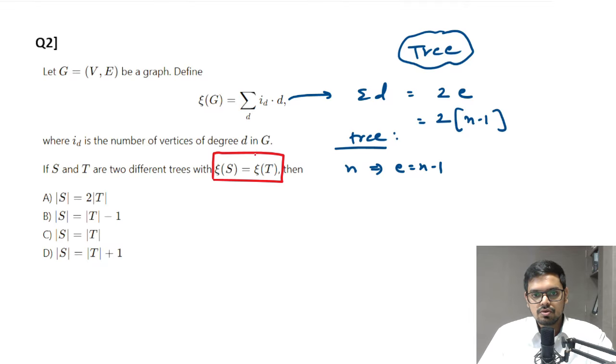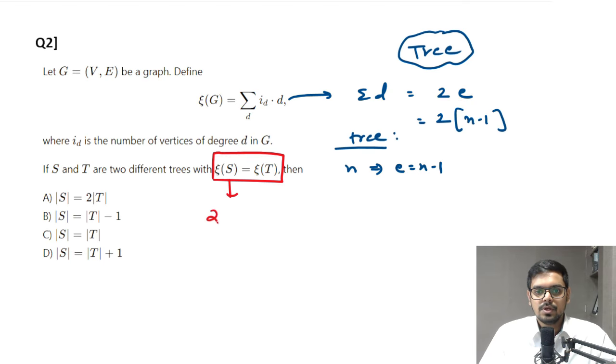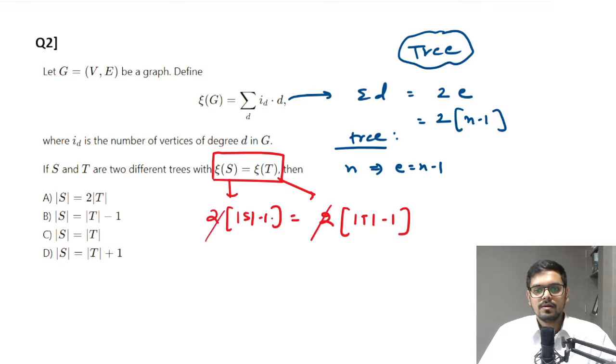If this is true, this thing is equal to this thing. So this would be twice the number of vertices in S, mod S, minus 1, equal to twice the number of vertices in T, mod T, minus 1. The 2 gets cancelled, the minus 1 gets cancelled, so mod S is equal to mod T. So option C is correct.